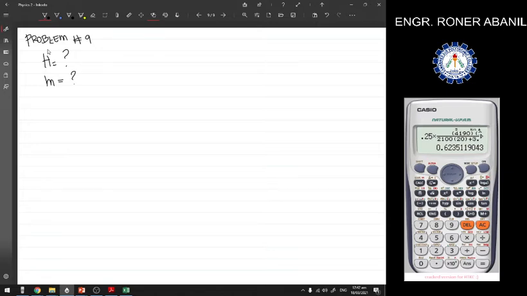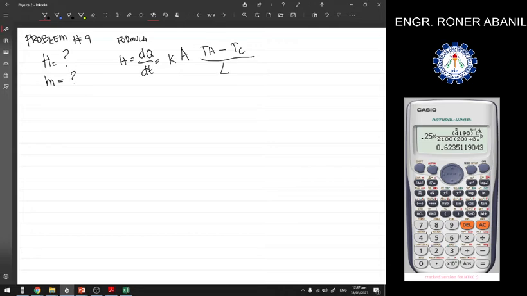So, dito, pwede natin gamitin yung equation na, aling equation? Pwede natin ditong gamitin yung formula na H equals dQ over dt is equal to yung constant na k, tapos TH minus TC over L. Ayan.